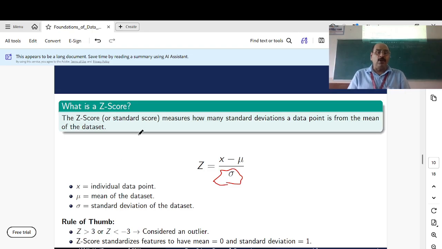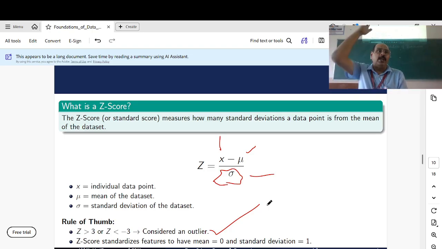So z-score is nothing but the data point minus the average divided by the standard deviation. Okay, and if the z-score is greater than 3 or less than minus 3, it is considered an outlier. This is one method of finding out what is an outlier.